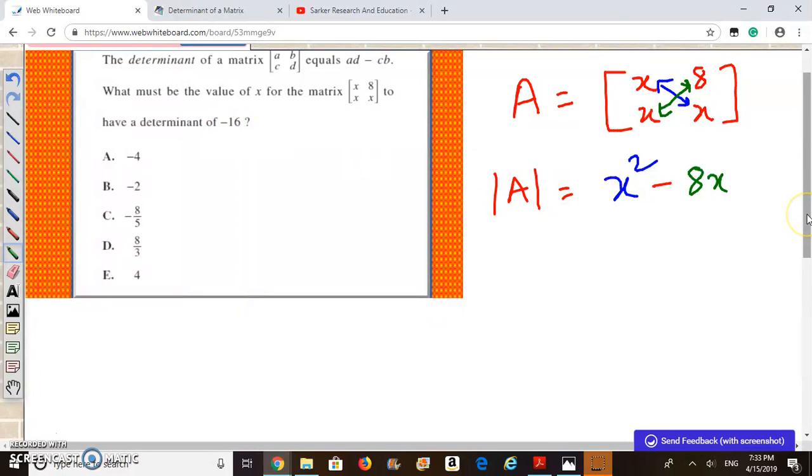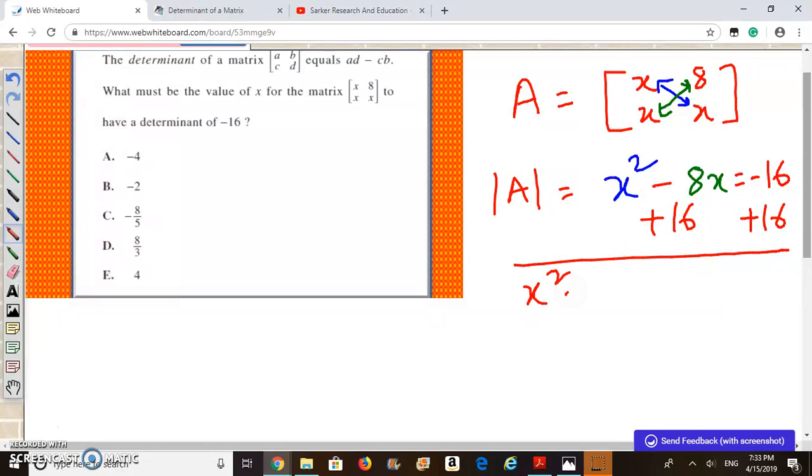It has already been given to be negative 16. Now if we add 16 on both sides of this equation, what do we get? We get x square minus 8x plus 16 equals, the 16 and 16 cancel out, 0.